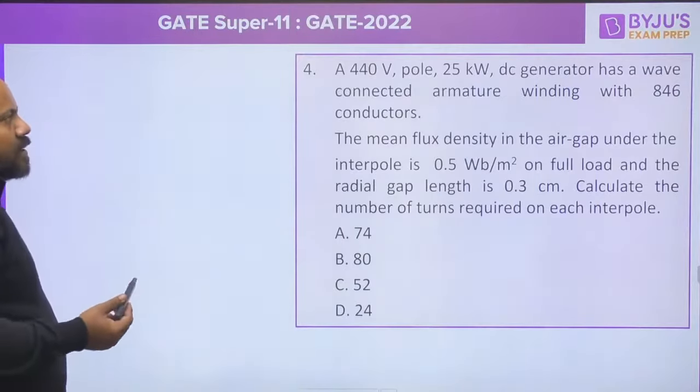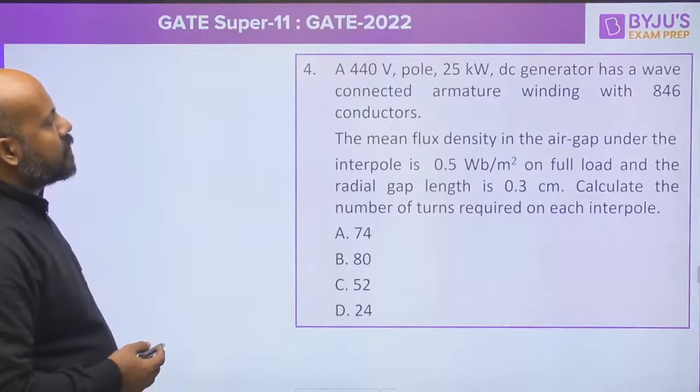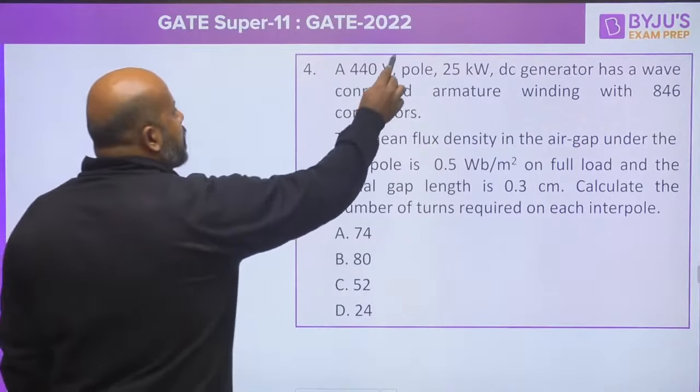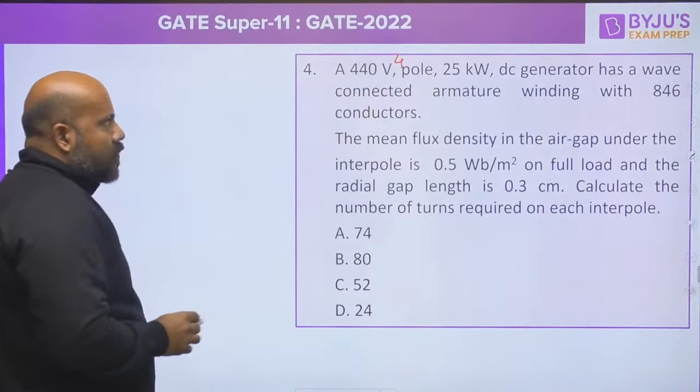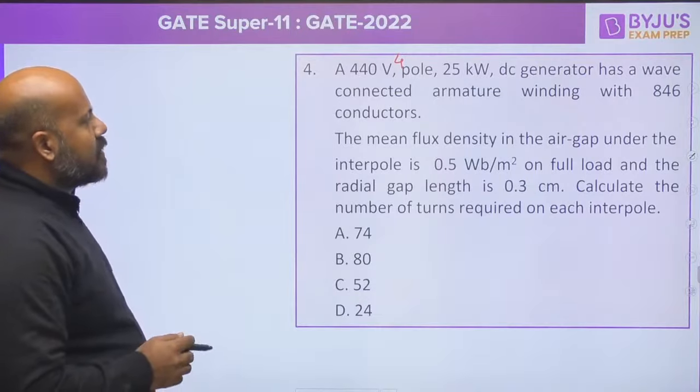The next question is saying there is a 440 volt, number of poles not given, so you can take 4 poles. A 4-pole 25 kilowatt DC generator has a wave connected armature winding with this many conductors.